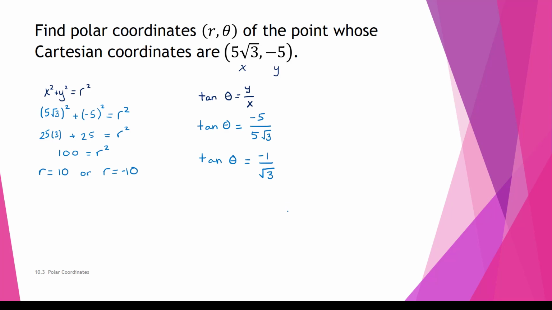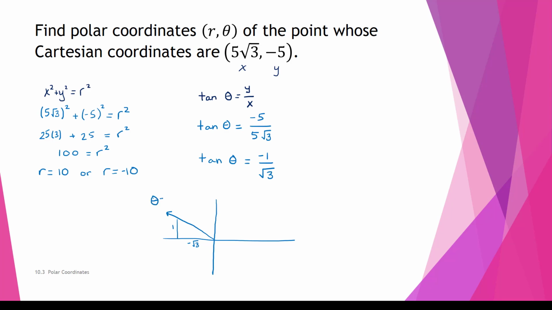We know that tangent is negative for angles in quadrant 2 and quadrant 4. So we have this angle in quadrant 2 where the tangent is -1 divided by the square root of 3.